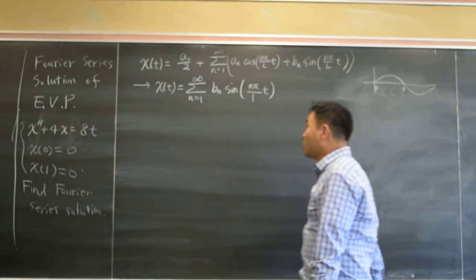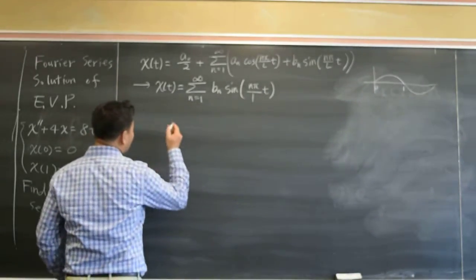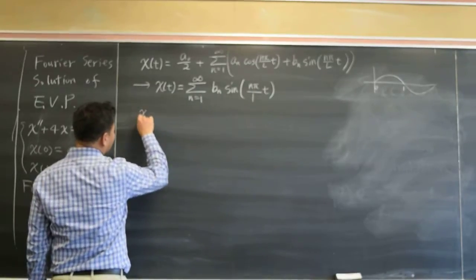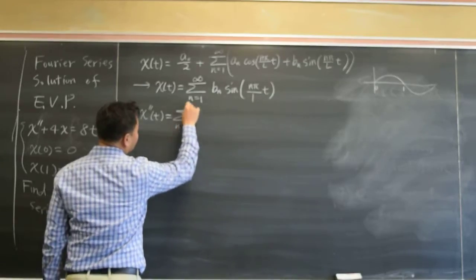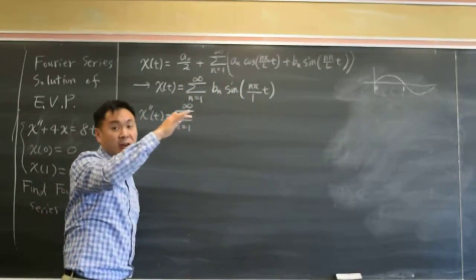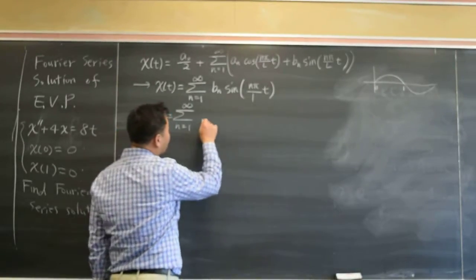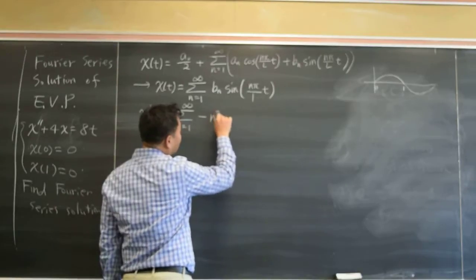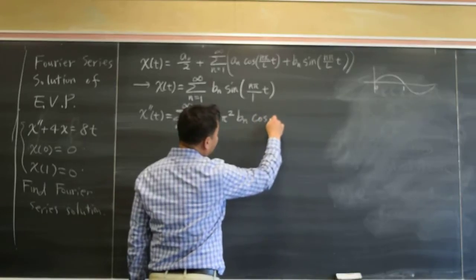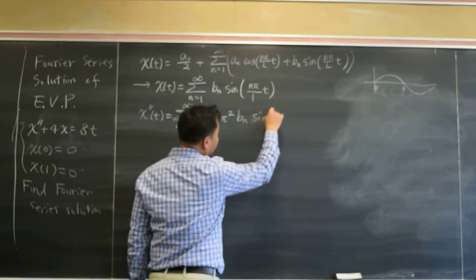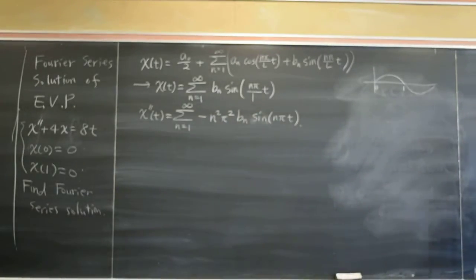Okay? All right, let's plug this into the left side and see what we get. If we differentiate this twice, sine differentiates to cosine, cosine differentiates to negative sine, right? So if you differentiate it twice, you're going to get negative n squared pi squared bn, not cosine, negative sine n pi t. That will be the second derivative, right?